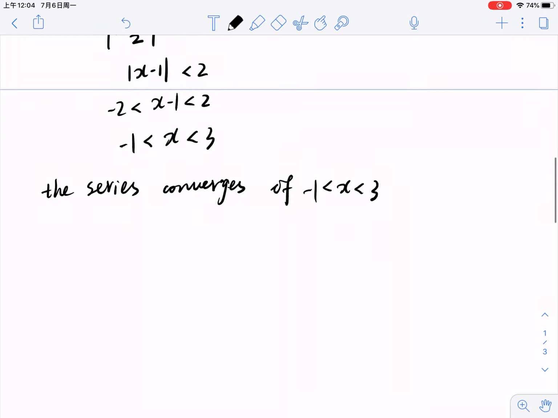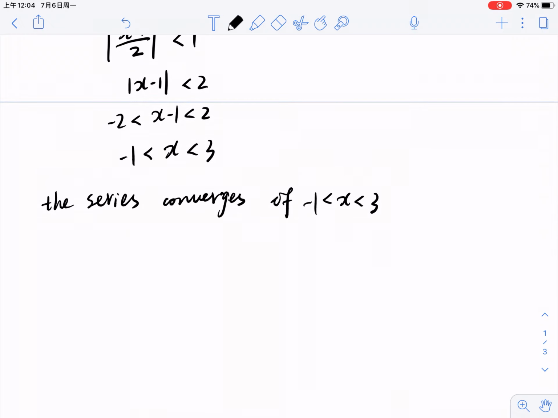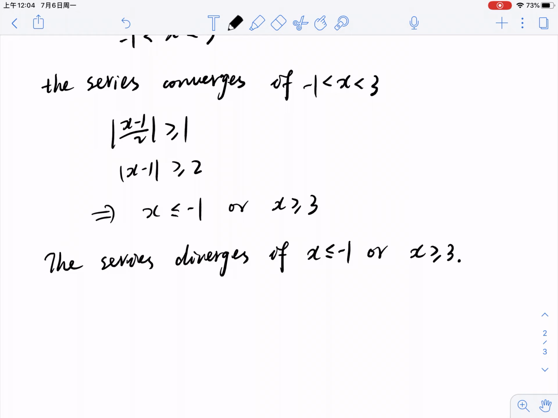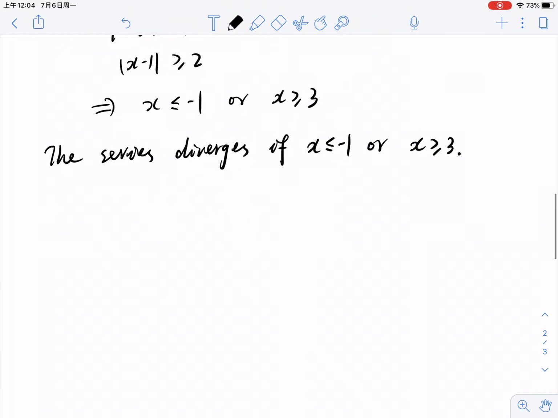And the series diverges if the absolute value of (x minus 1) over 2 is greater than or equal to 1. So x minus 1 in absolute value is greater than or equal to 2, so we get x less than or equal to negative 1 or x greater than or equal to 3. So the series diverges if x is less than or equal to negative 1 or x is greater than or equal to 3.